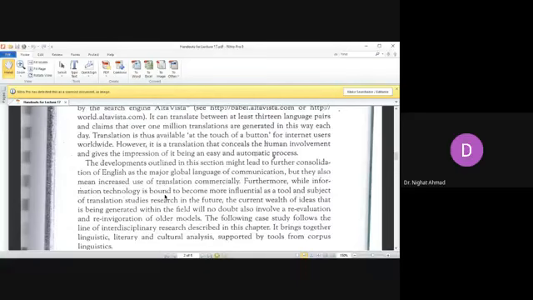But it means increased use of translation commercially, in the field of translation as well.